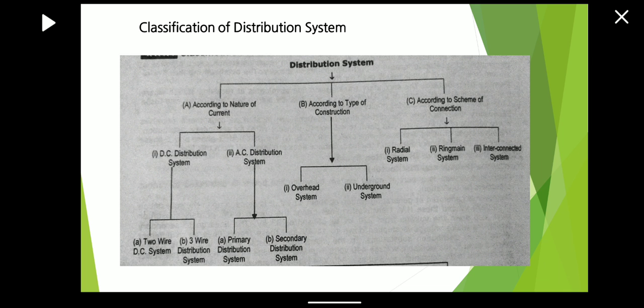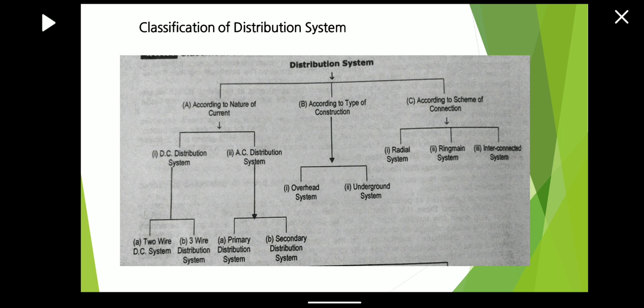Now, classification of the distribution system. The distribution system is classified into 3 categories: according to the nature of current, according to the type of construction, and according to the scheme of connection. According to the nature of current, it is again classified into 2 categories: DC distribution system and AC distribution system.